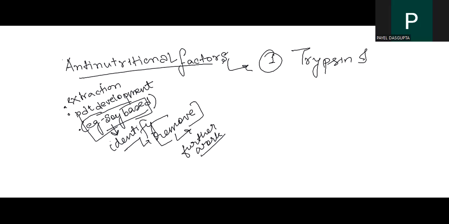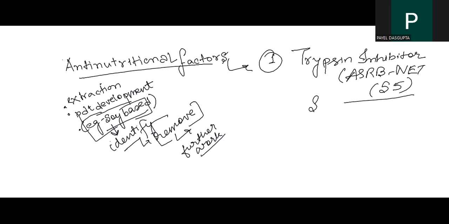Even in ASRB NET Food Technology, that is code number 55, a question came on the anti-nutritional factor present in soybean. This was in ASRB NET 2021, code 55, food technology.